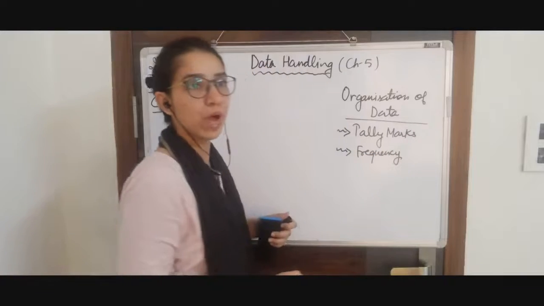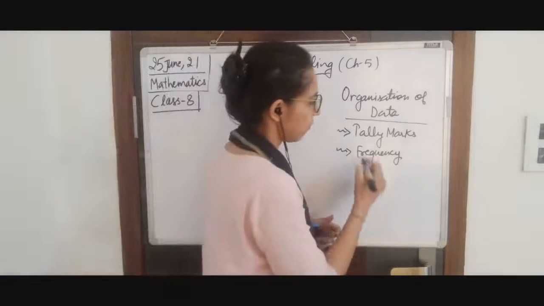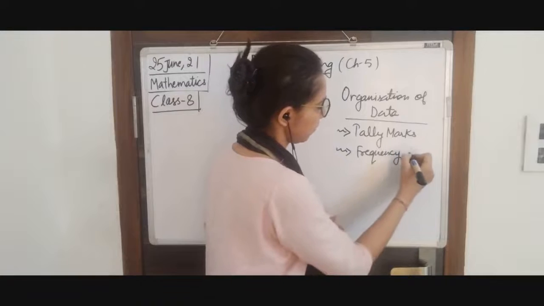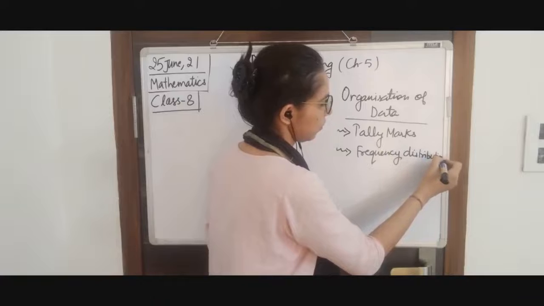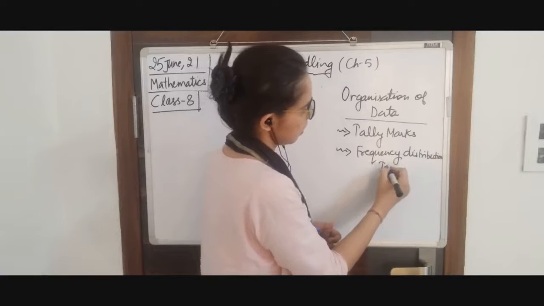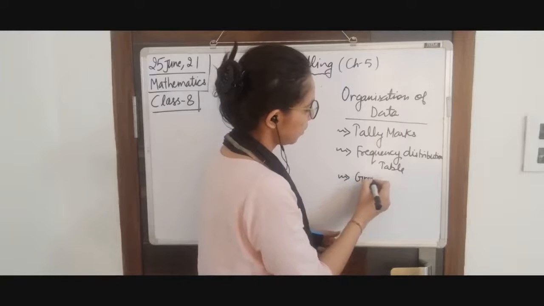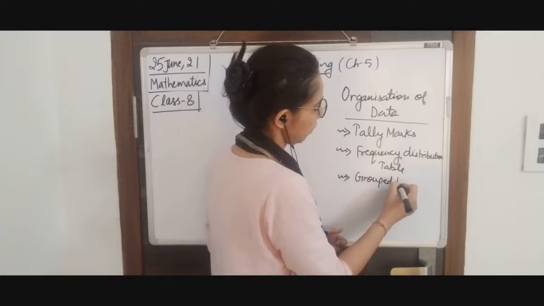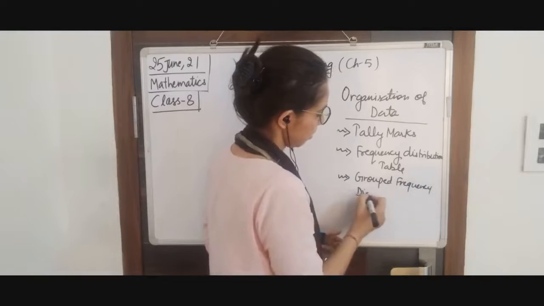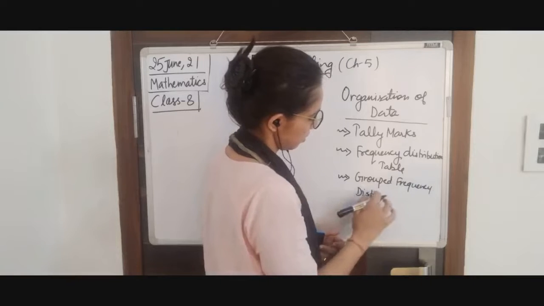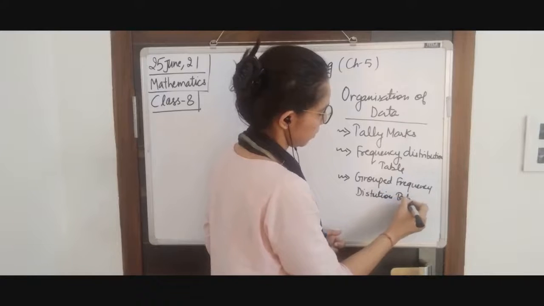Frequency is the number of times a quantity is occurring in our given data. Frequency distribution table, and the third one is our grouped frequency distribution table.